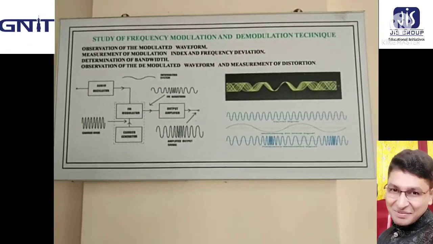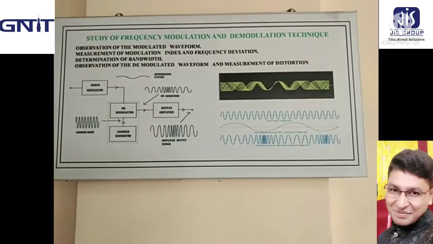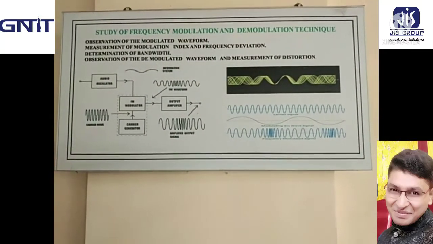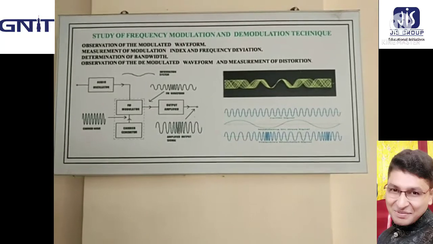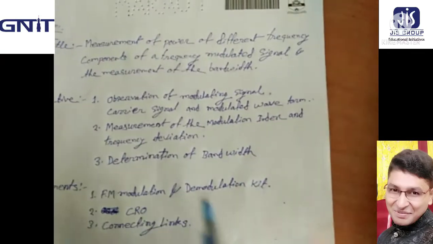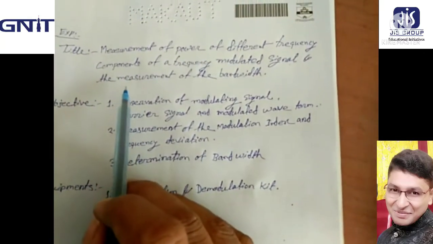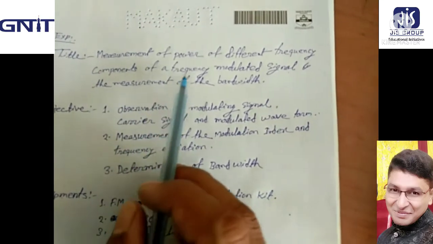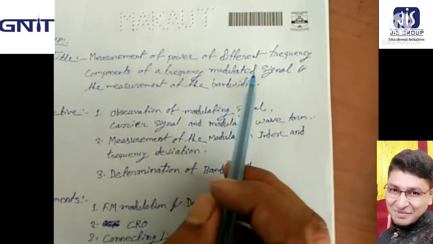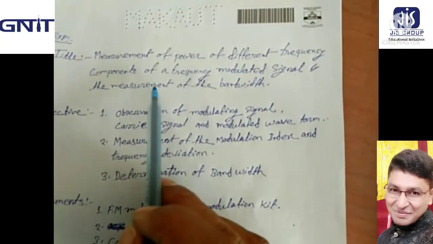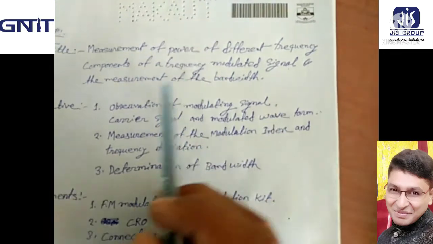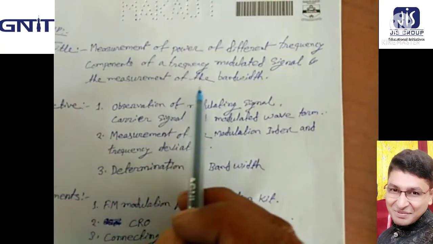Today's experiment is the study of frequency modulation and demodulation technique. Title: measurement of the power of different frequency components of a frequency modulated signal and the measurement of the bandwidth.